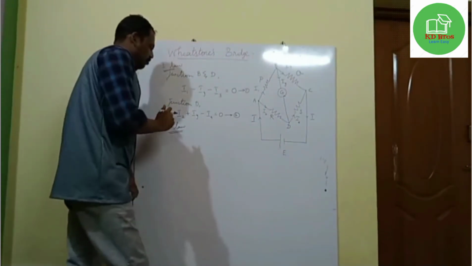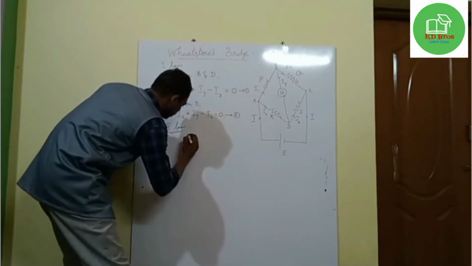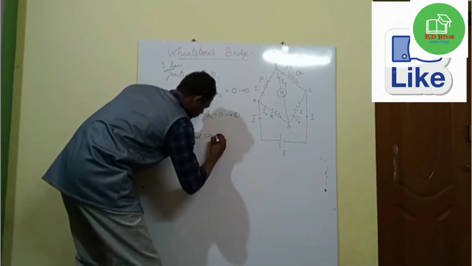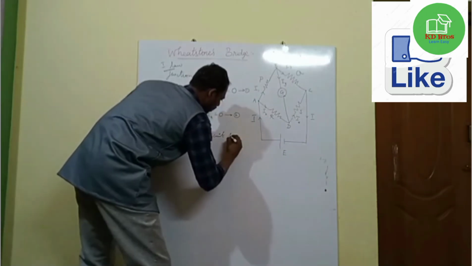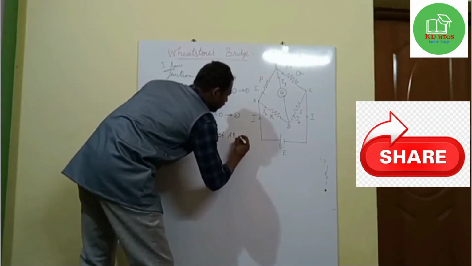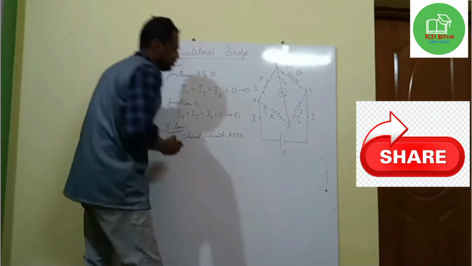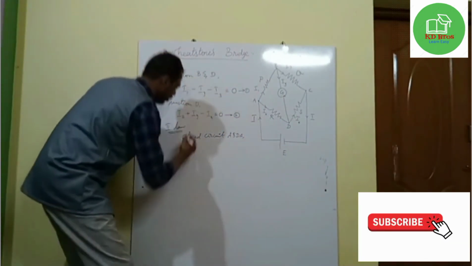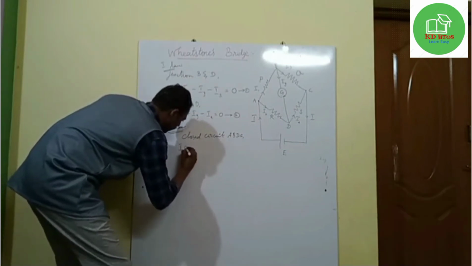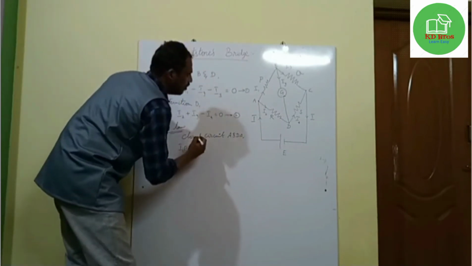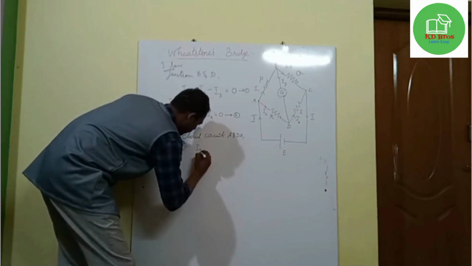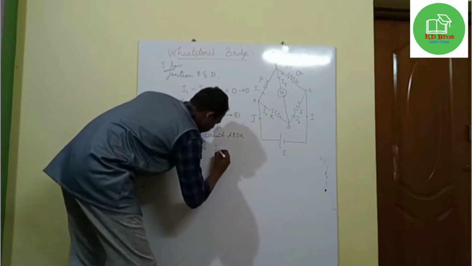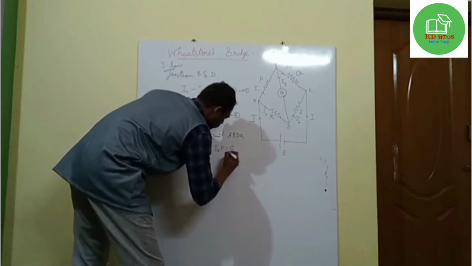Now we first apply the second law to the closed circuit A, B, D, A. So I1 P, then Ig G, then I2 R, which is equal to 0.